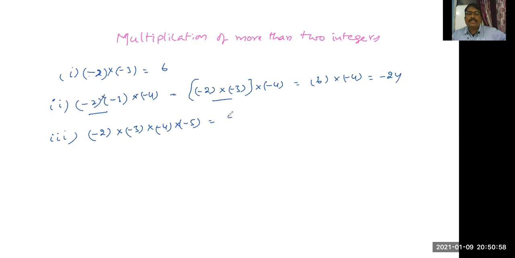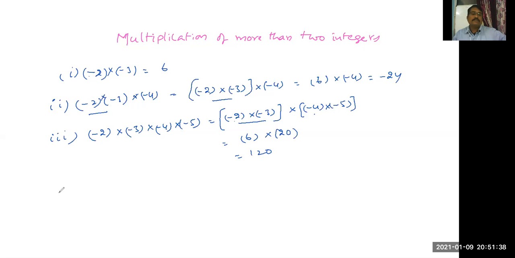First I am taking minus 2 into minus 3 as two numbers, and minus 4 into minus 5. Now these two are negative integers, the product is always positive. So 2 threes are 6. Here again I am multiplying two negative integers, always positive. 4 fives are 20. Now 6 twenties are 120. That's it.